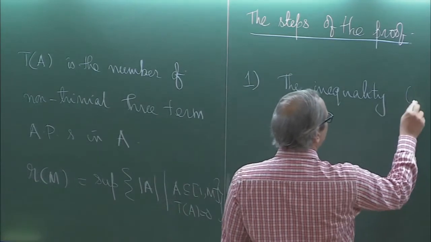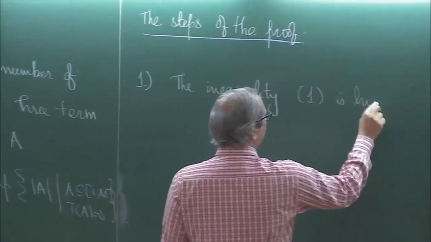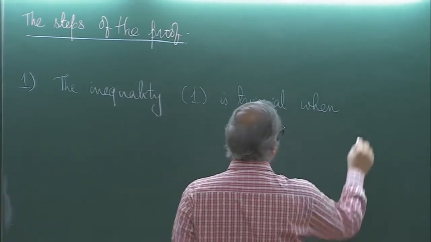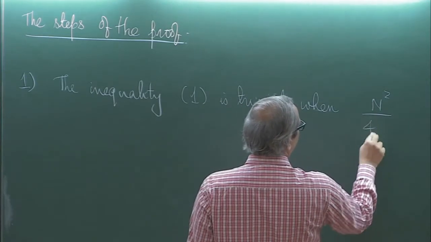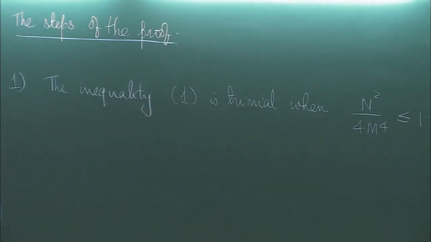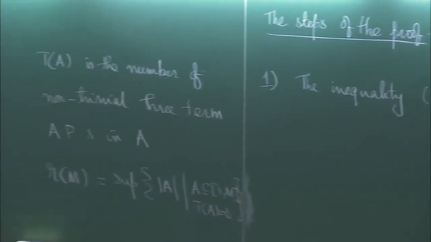The inequality 1 is trivial when n squared by n power 4 m power 4 is less than or equal to 1. Okay, that is simply because this fraction that is written here is less than the fraction without this term here, and this quantity is less than or equal to 1. By definition, A is a subset of 1 to n, and if this is also less than 1, then the entire product is less than 1, and TA is not 0 and an integer, so it's greater than or equal to 1.